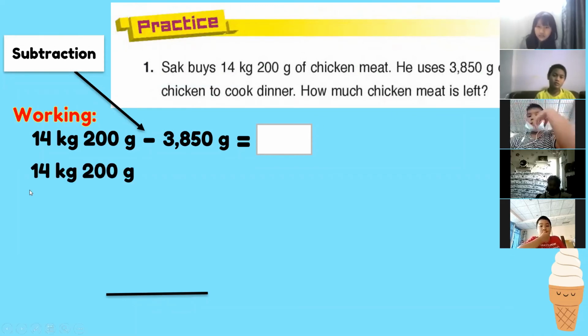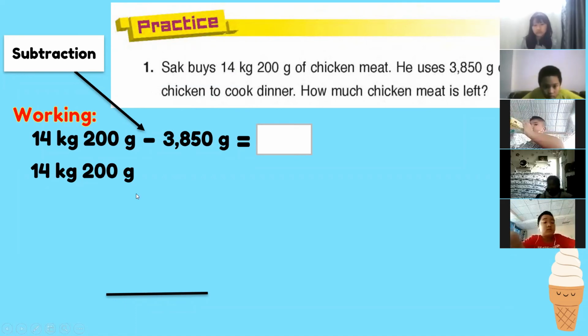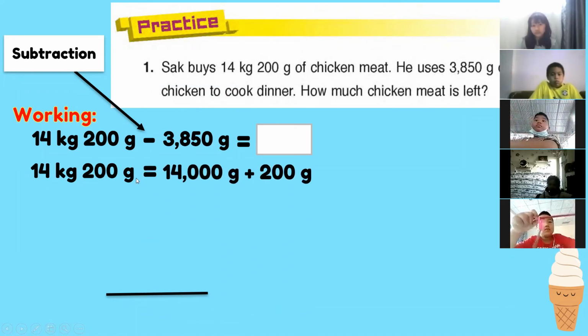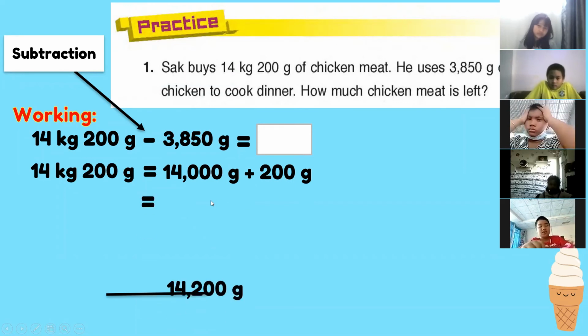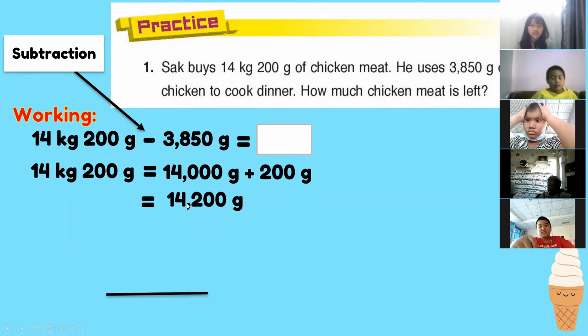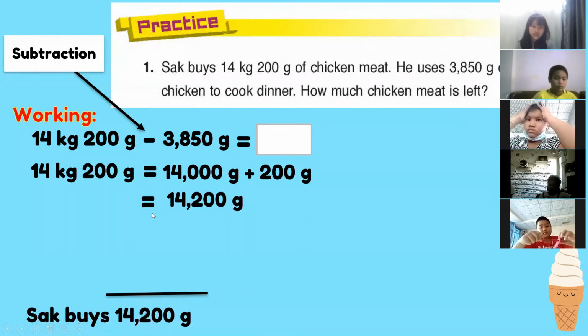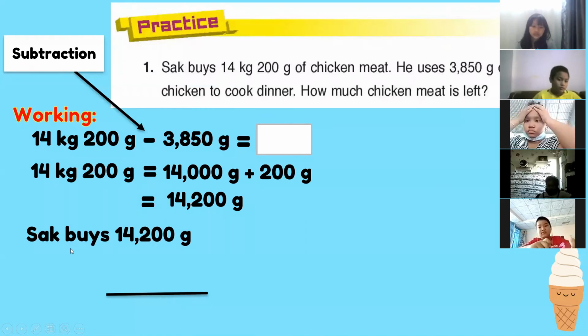Nudi, you need to make this one. You need to make 14 kilogram. Everybody listen here. Point A, 4,000 gram plus 200 gram, which is equal to 4,200 gram, like this. And then this time you can solve, right?